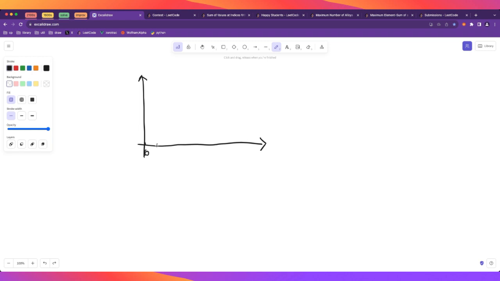So yeah, what do I mean by thinking about an array in terms of functions? You can think about these coordinates as the index in the array, and then the value in the array could be here.